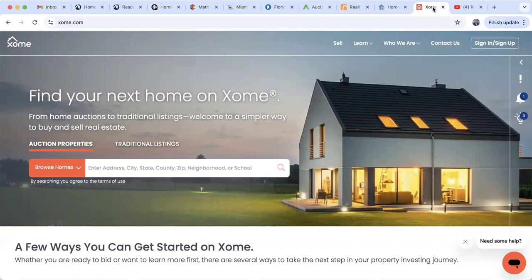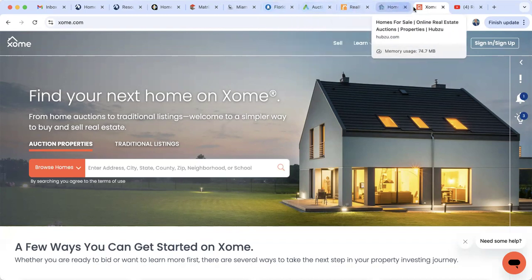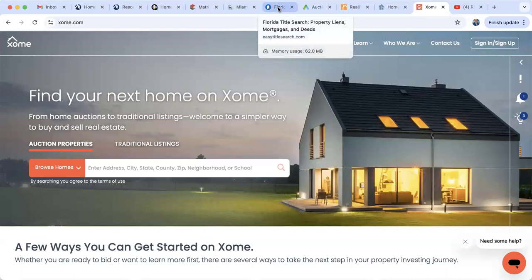They tell you the date of the auction, and the highest and best bid is obviously going to win the auction. So these are all really great opportunities. In most cases, these properties are not on the MLS. In some cases they are, but in most cases they're not. You are going to be purchasing these properties sight unseen.